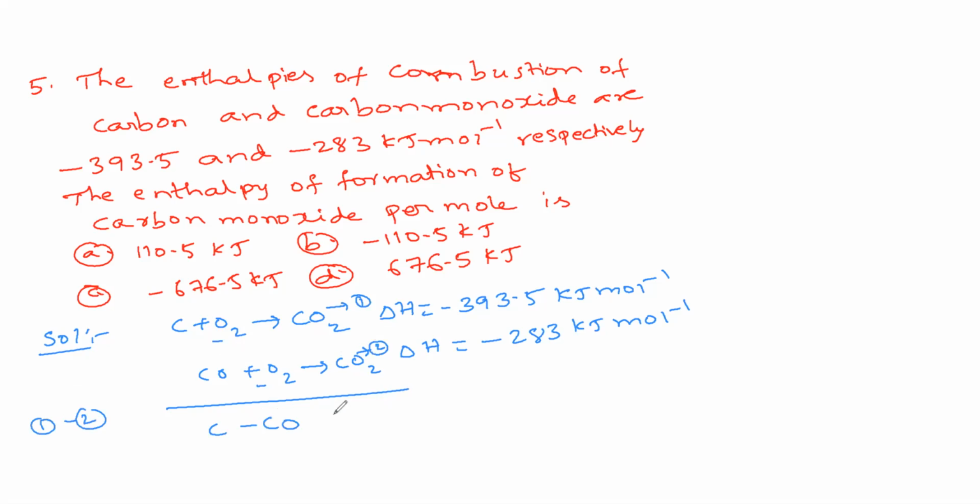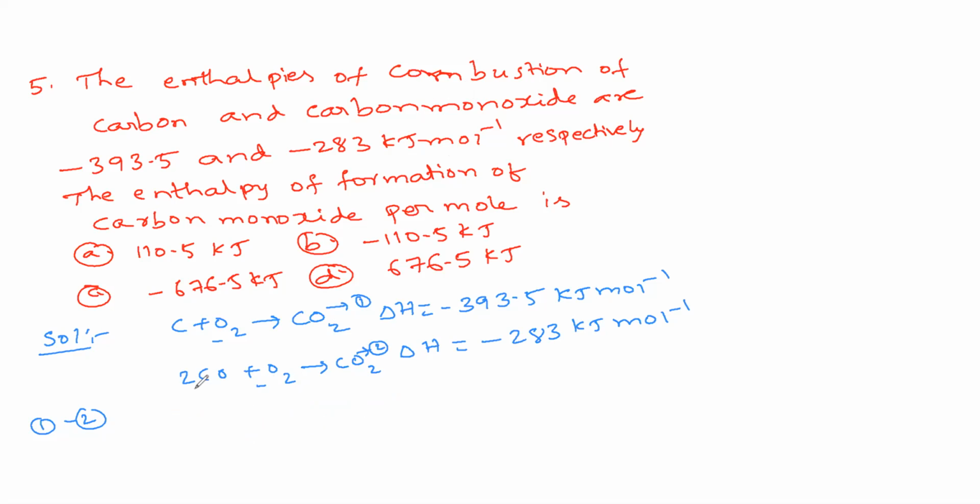So C minus CO, O2 and O2 get cancelled. But CO plus O2 gives CO2 is not correct because it is not balanced. Actually, I'll write it again. Just listen carefully now, because it is not balanced. First, we have to see the balancing of the equation.